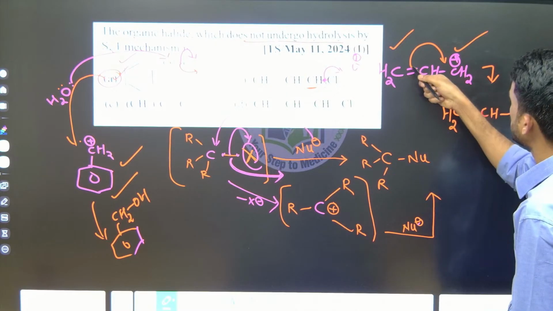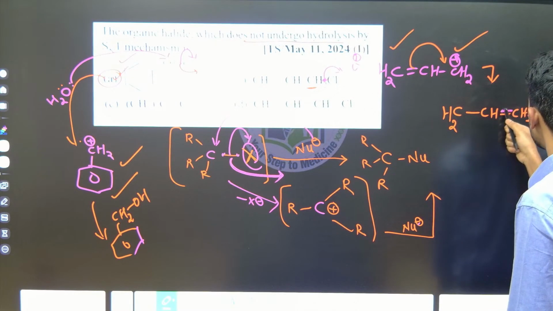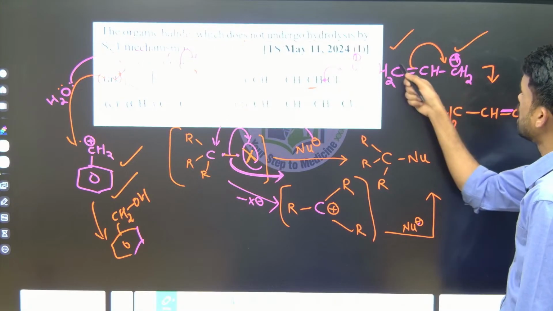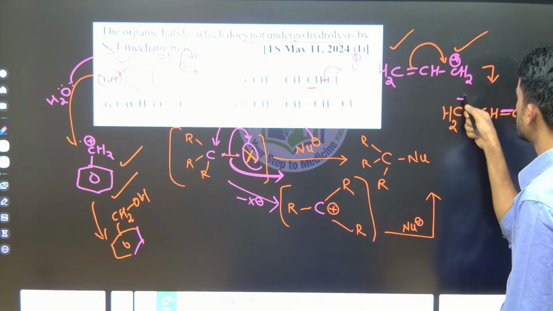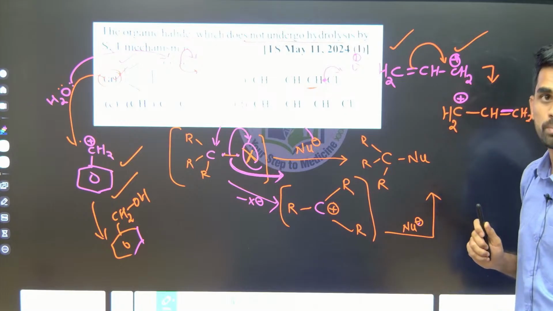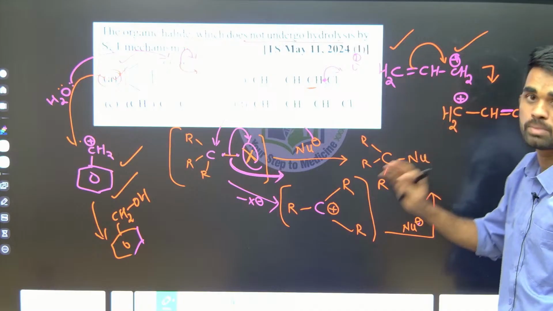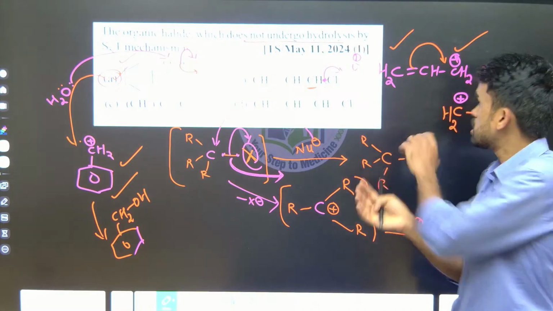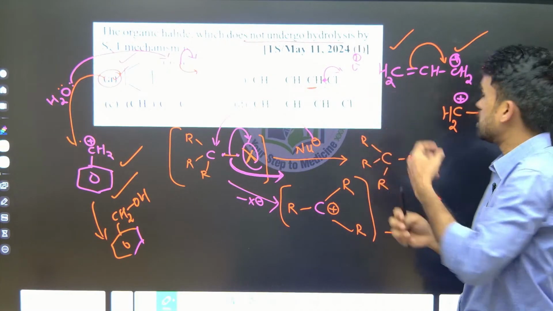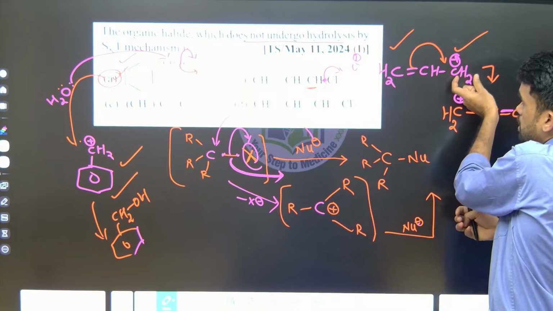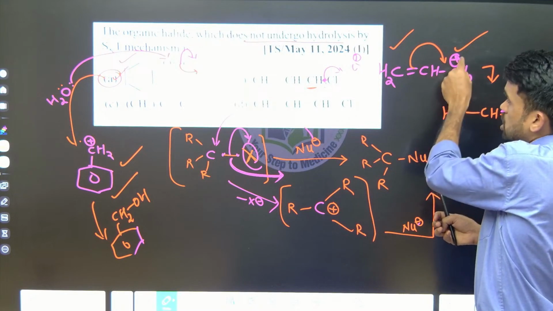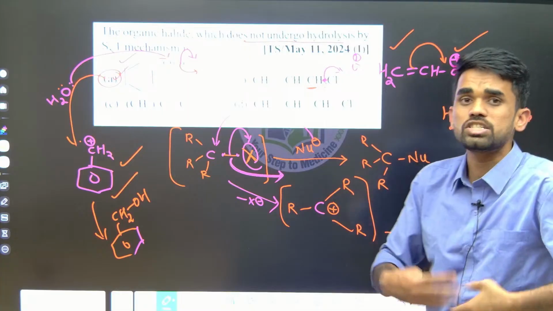If these pi electrons are shifting here, this carbon is losing electrons, so you should place a positive charge on that carbon. That's it. This is how the positive charge is distributed among these carbons. Initially it is only on this carbon, but due to the shifting, the spreading of this charge, the stability increases.